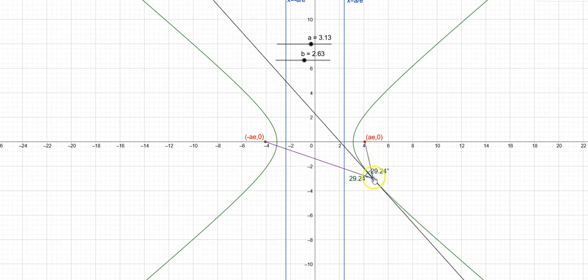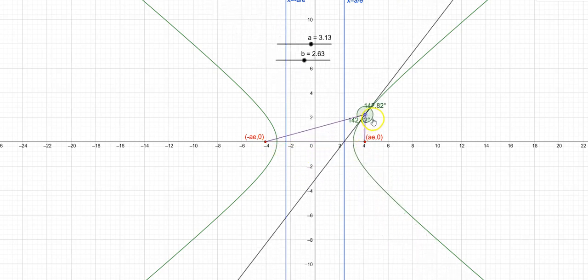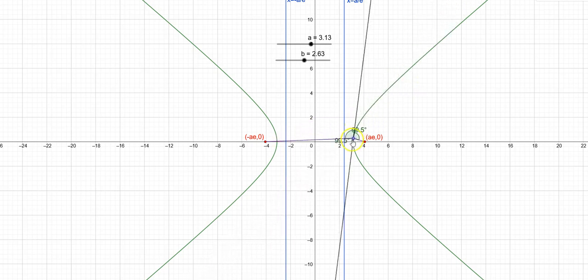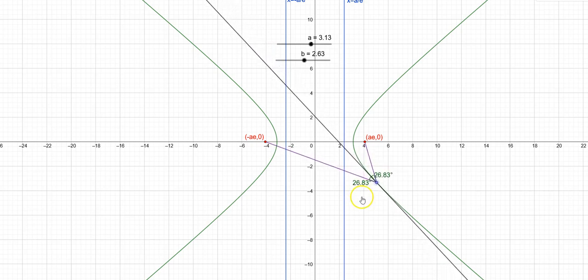So as I move the point of contact with the ellipse, it's not all that clear there, but a bit more obvious down here, then the angle between the focus and the point of contact and the other focus and the point of contact, the angle between those and the tangent always remains a constant.